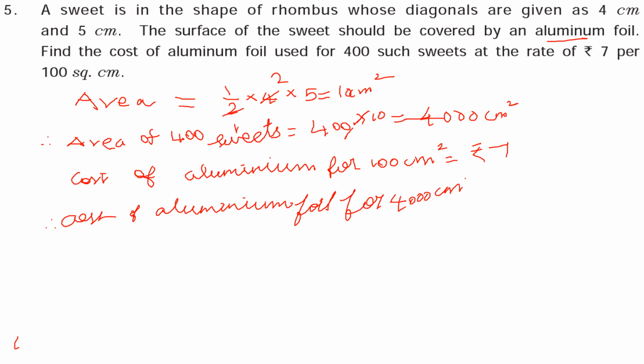So, here 4000, that 100 will come to the right hand side, that is divide, into 7. So 0 0, here also 0 0. 7 0 0, 4 7s are 28. Therefore, answer is ₹280.